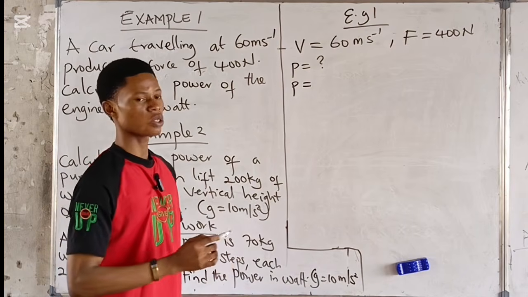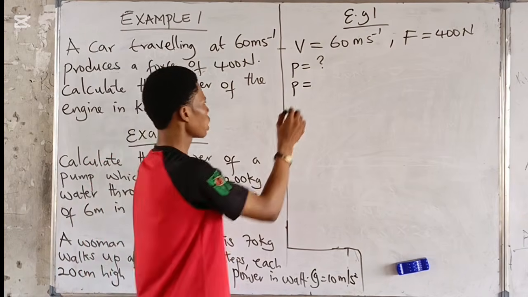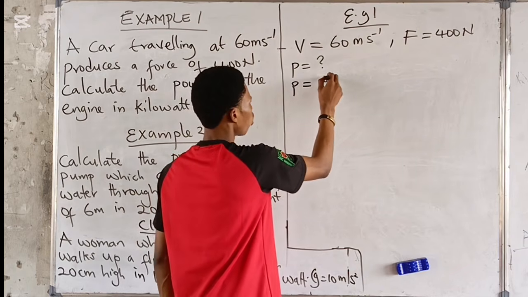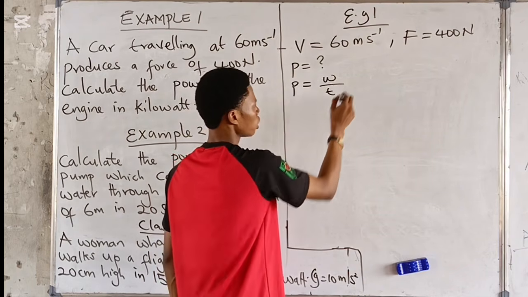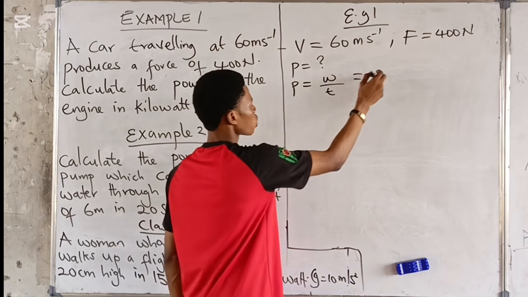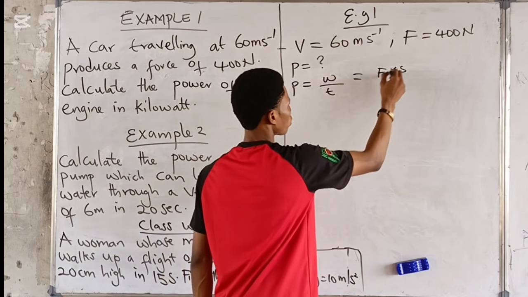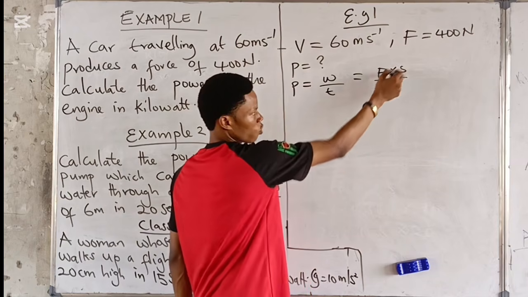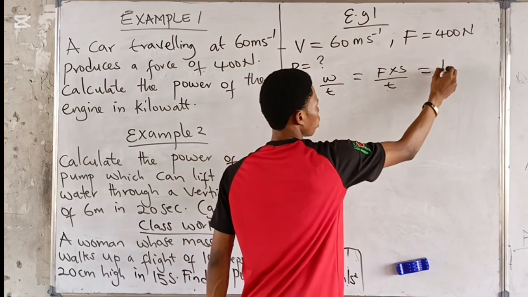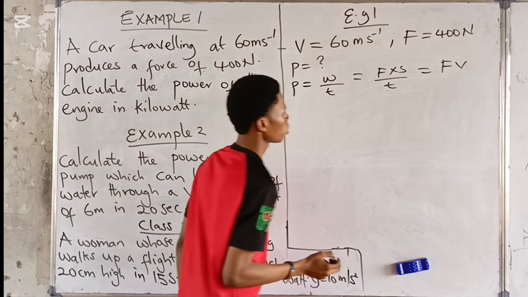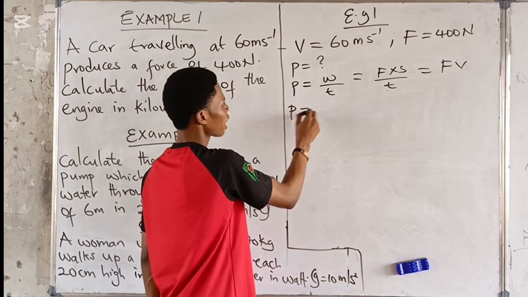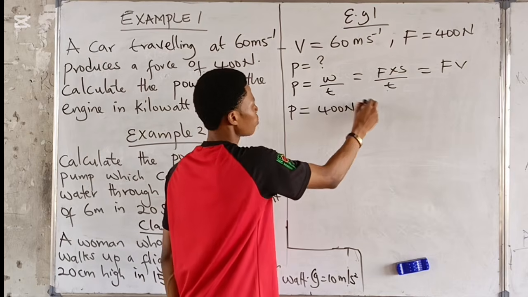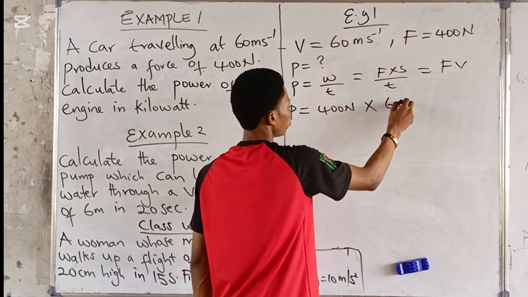We said work done is force times distance, all over time, and distance over time is velocity. So power is equal to force times velocity. So power of the car is equal to the force, 400 newtons, times the velocity, 60 meters per second.